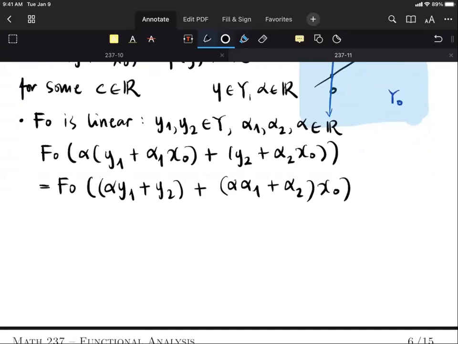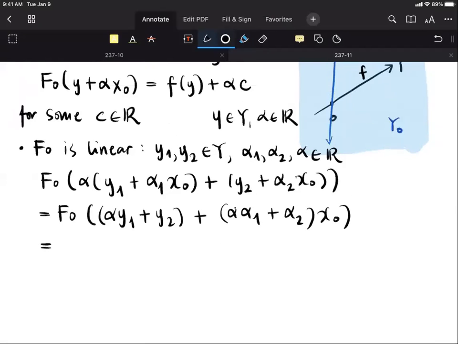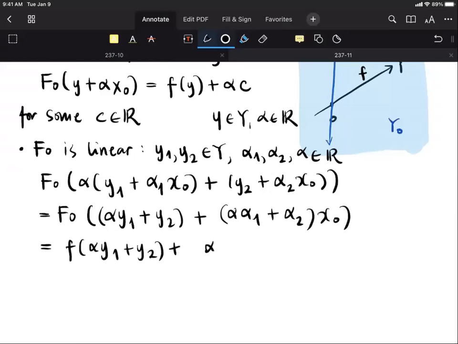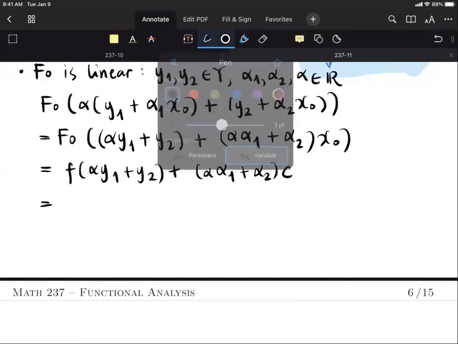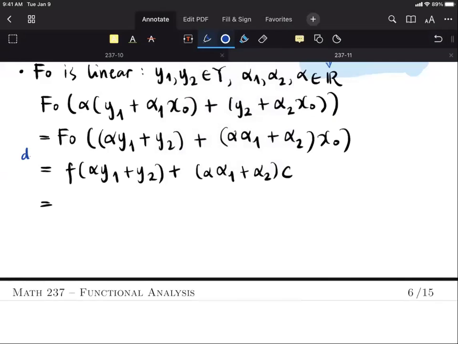So by definition, this is f naught of alpha y1 plus y2 plus alpha 2c. In fact, one can show that the definition of f naught is well defined.